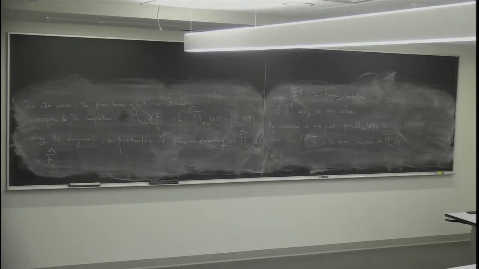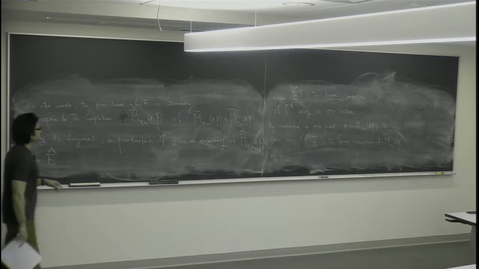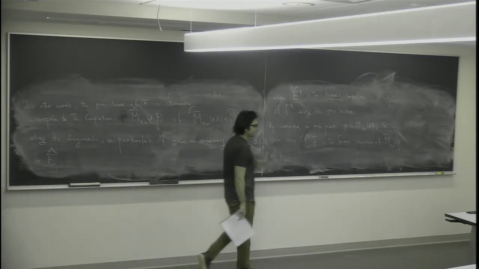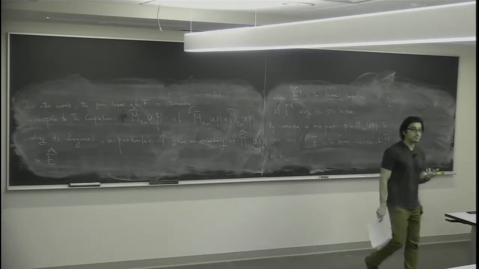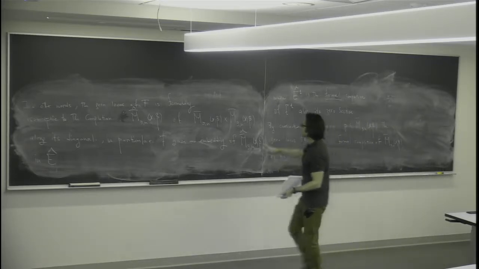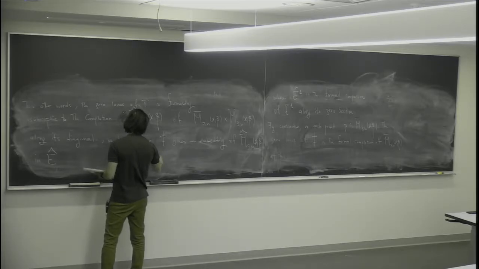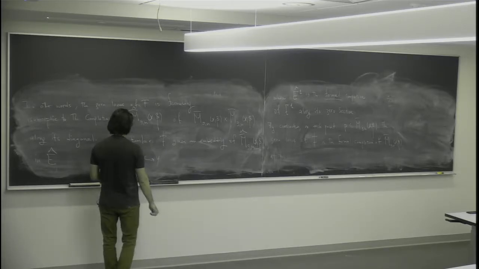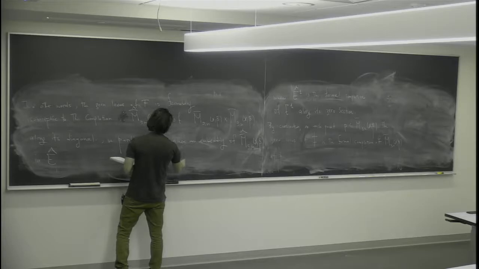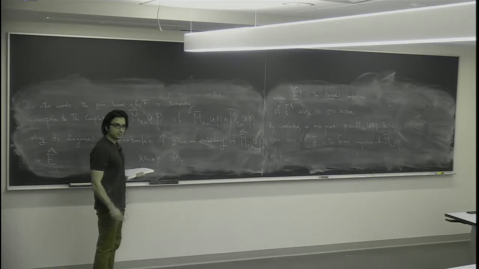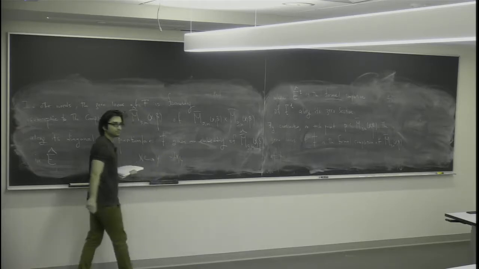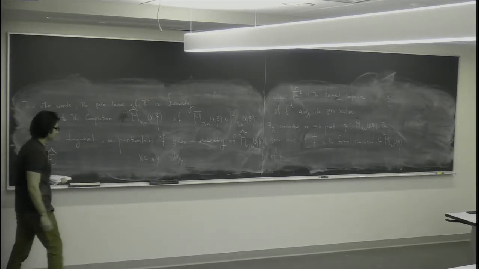is given by the pullback of I mod I squared, where I is a module over here. Think about this picture if you want to understand this one.